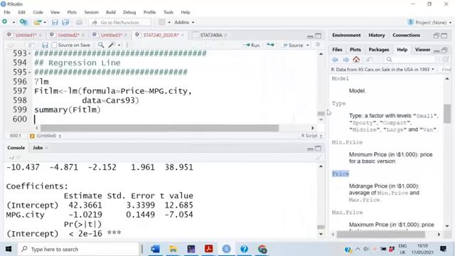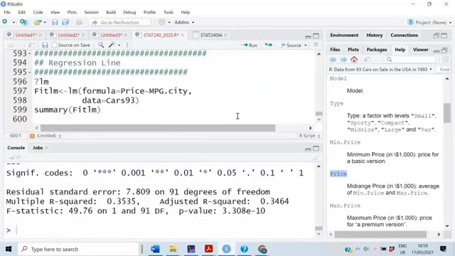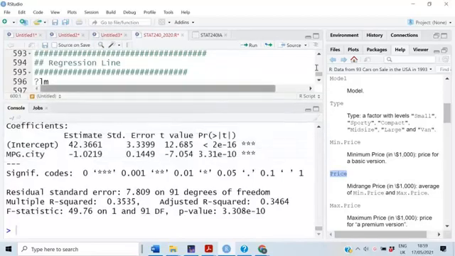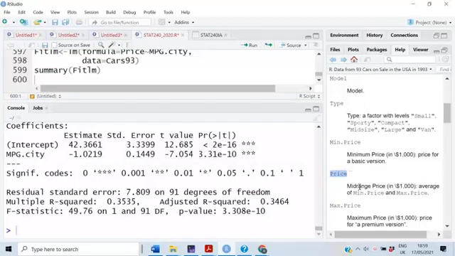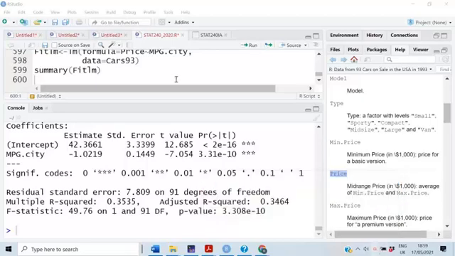I'm going to run my summary again because I want it to fit on the screen and then I can explain this. Okay, so now we have our output, so we are okay.